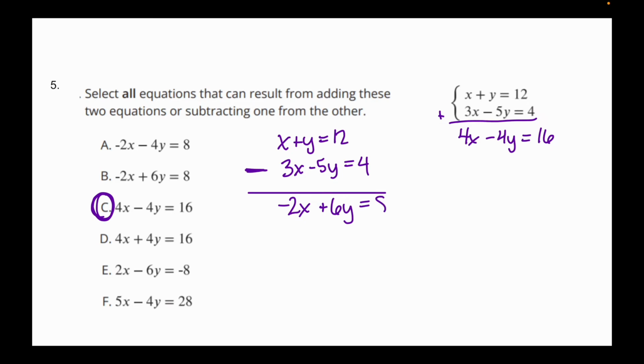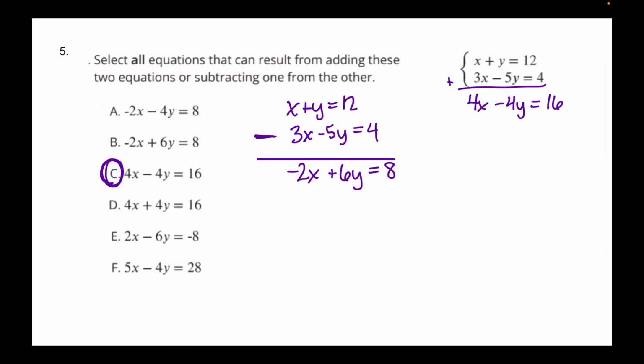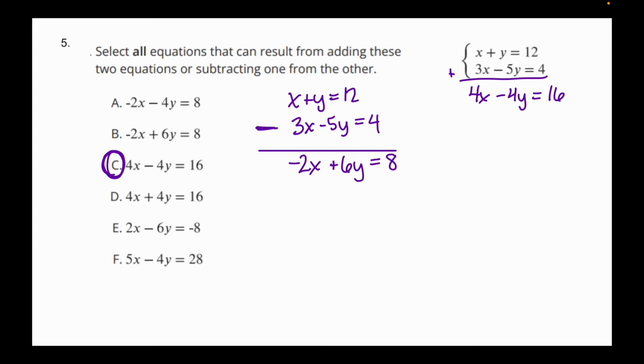And 12 minus 4 is going to be 8. So I want negative 2x plus 6y equals 8. I see that as choice B right here.